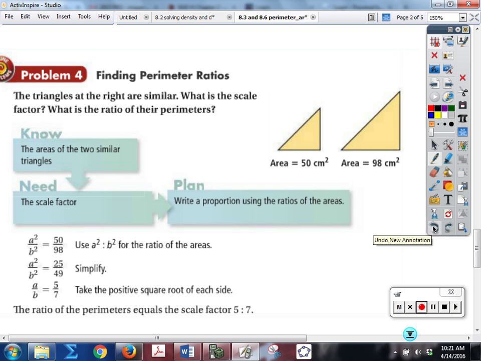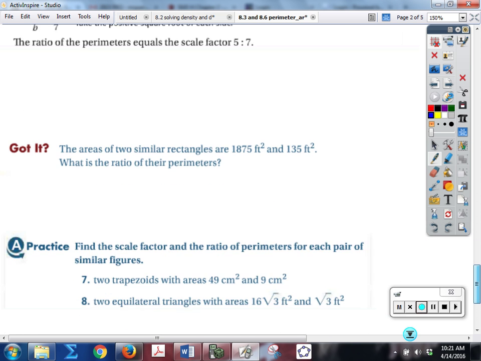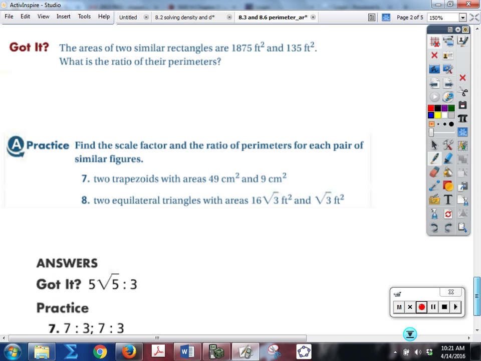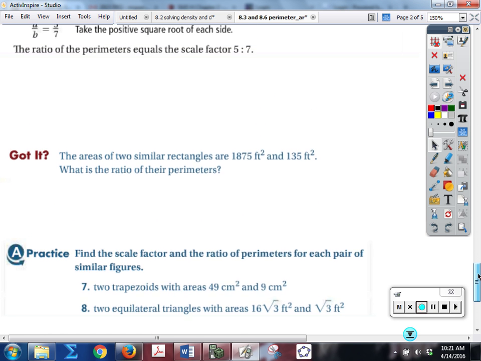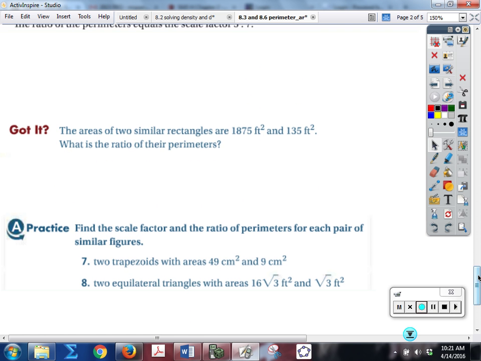So, let's work on the ratio of their perimeters, or in other words, find their scale factor if you know this. So simplify if you can first.